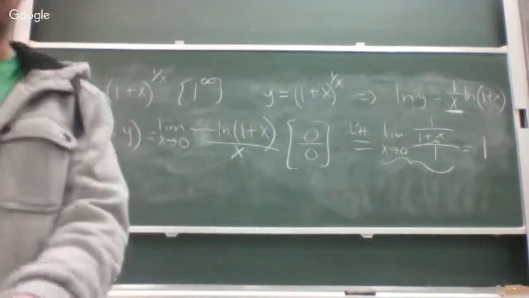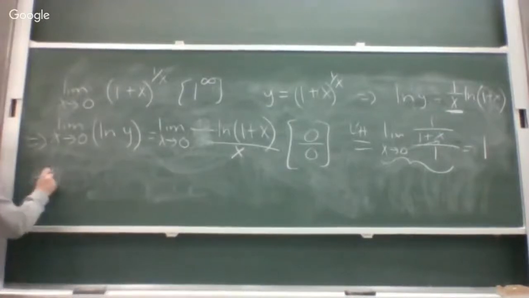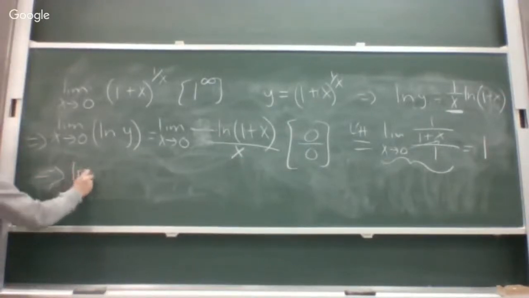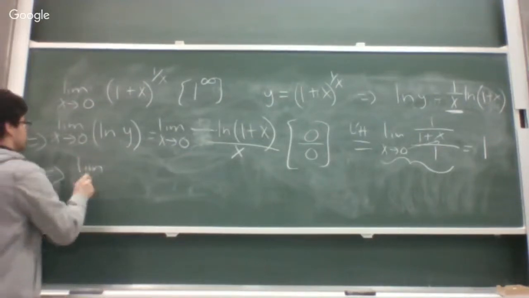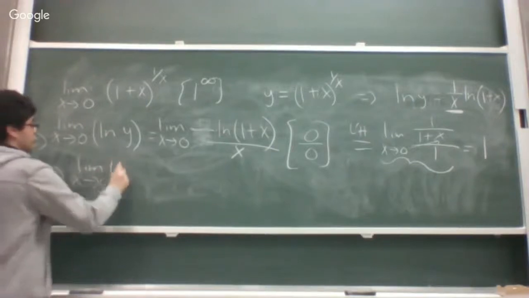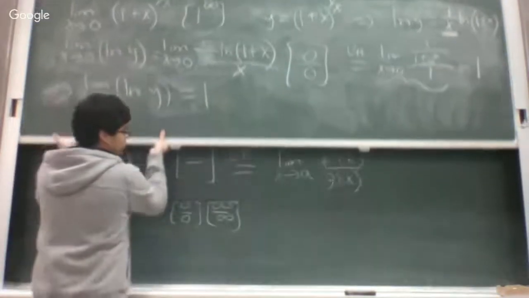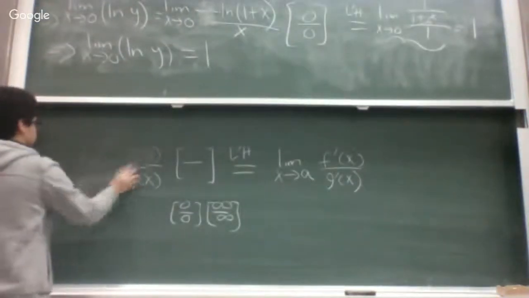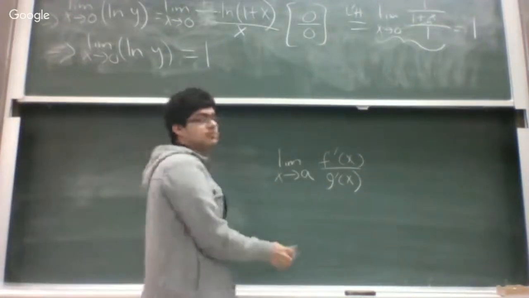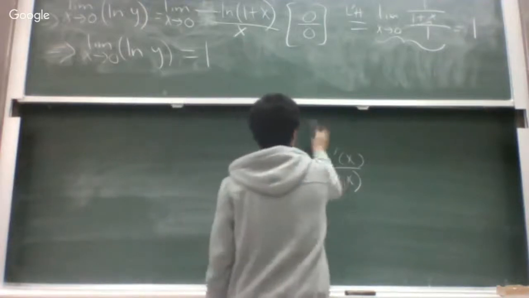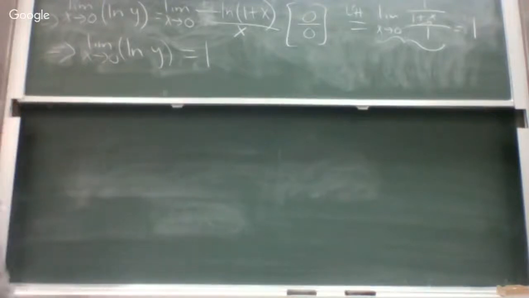So we have two sides now. Therefore, we have the limit as x approaches 0 of the natural log of y, now equal to 1. We're not done yet.